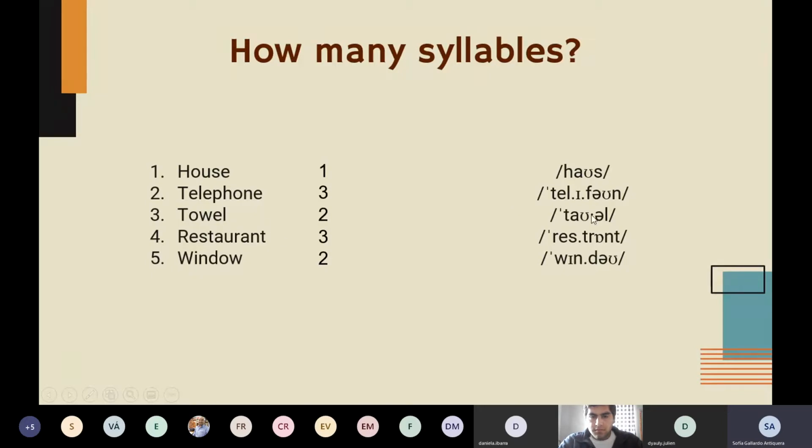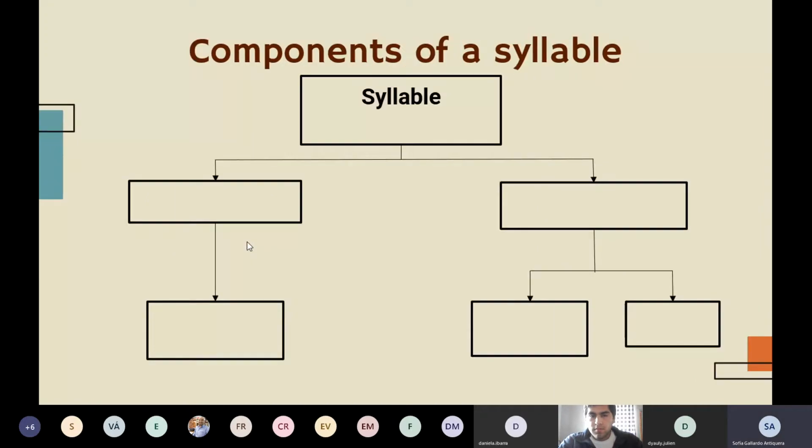You can see only one dot, but the beginning of the transcription would be the first syllable. Restaurant has 3 syllables, and window has 2. Okay, so let's review the components of a syllable.